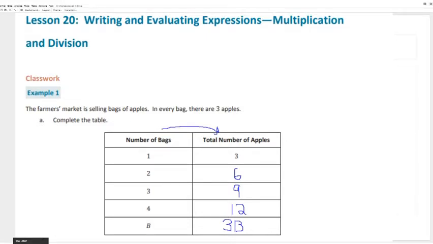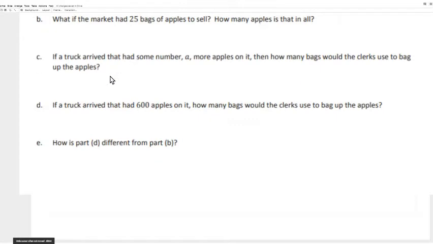So if we go ahead and do that with this problem, if I had the number of bags, which is 25, I would multiply it by 3. So 25, and then, like I said, multiply it by 3, the commutative property of multiplication, so it doesn't matter in the order in which I multiply.